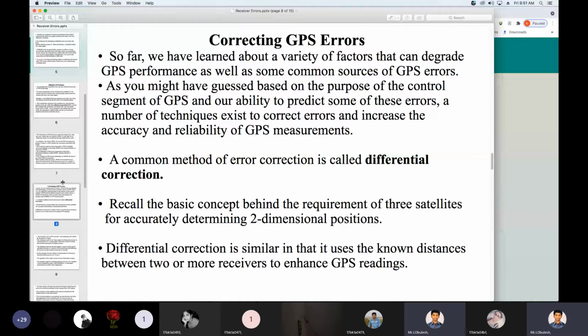A common method of error correction is called differential correction.